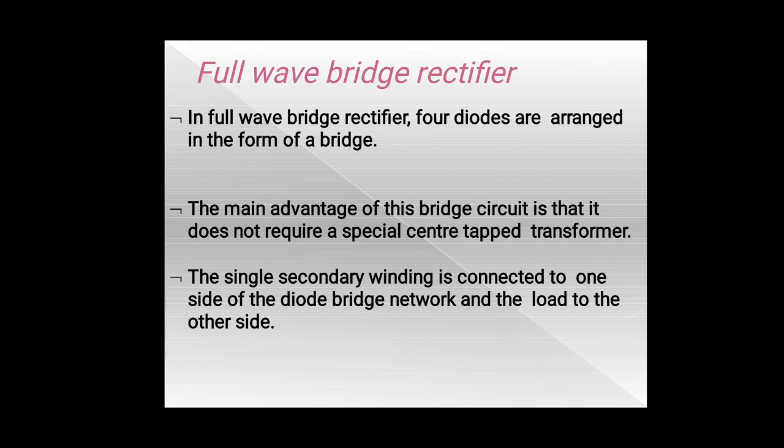See here. Next, the full wave bridge rectifier. In a full wave bridge rectifier there are four diodes, which are arranged in the form of a bridge, and hence the name bridge rectifier.